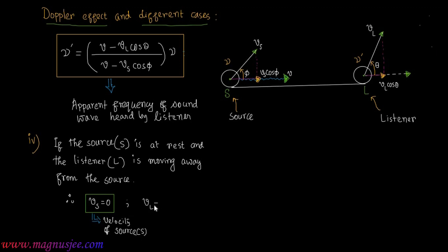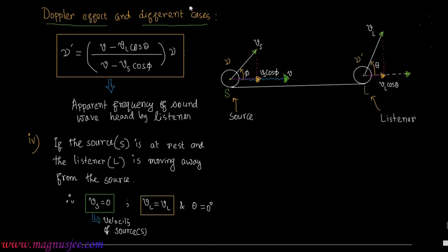Now the velocity of the listener is VL and theta will be equal to 0 degrees, where theta is the angle between the direction of motion of the listener and the direction of propagation of the sound wave which is moving towards the listener.